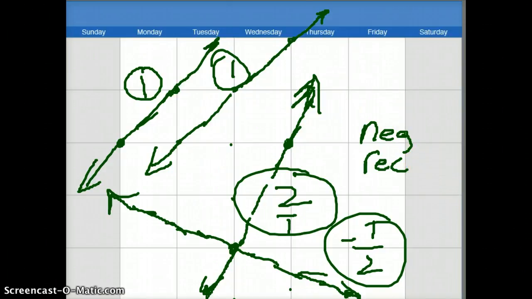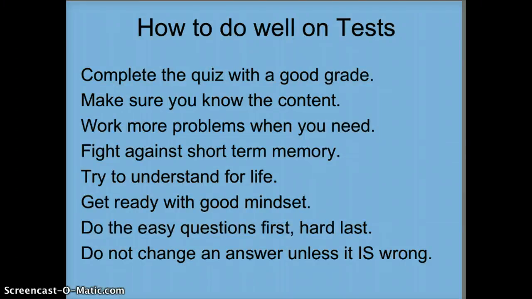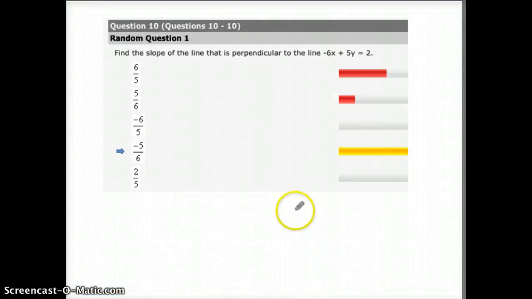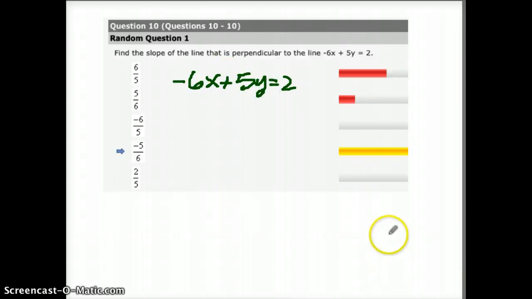All right, back to our problem. Here's our problem. Find the slope of the line that's perpendicular to the line -6x plus 5y is equal to 2. We're going to have to solve this equation for y. Let's move this to the other side.